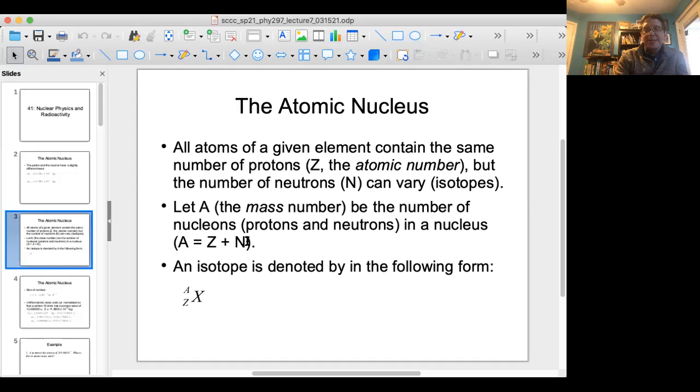So A is equal to Z plus N. An isotope is typically denoted in the following form. You have A, the mass number, Z, the total number of protons, and then X is the chemical symbol. The chemical symbol implies the number of protons, so sometimes the Z is ignored.